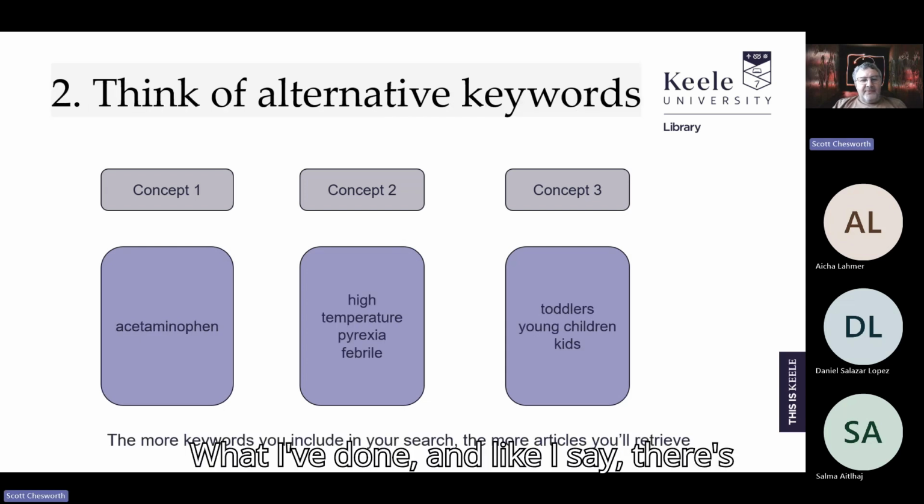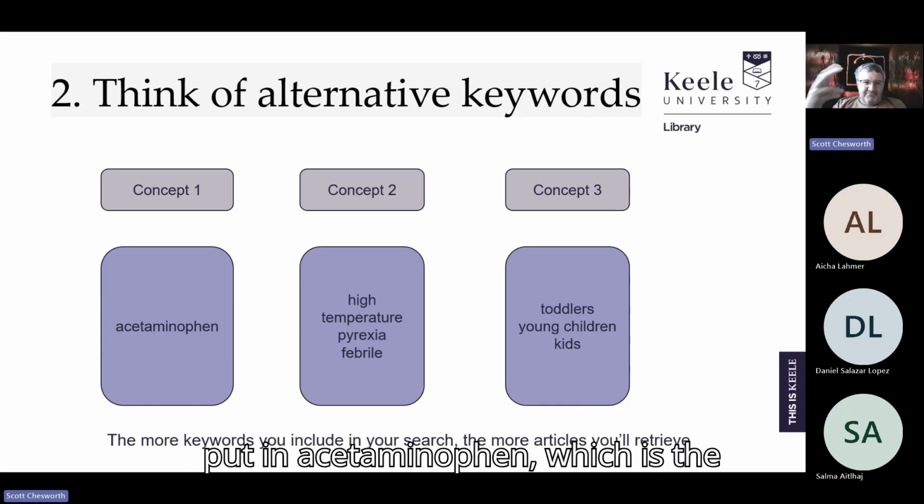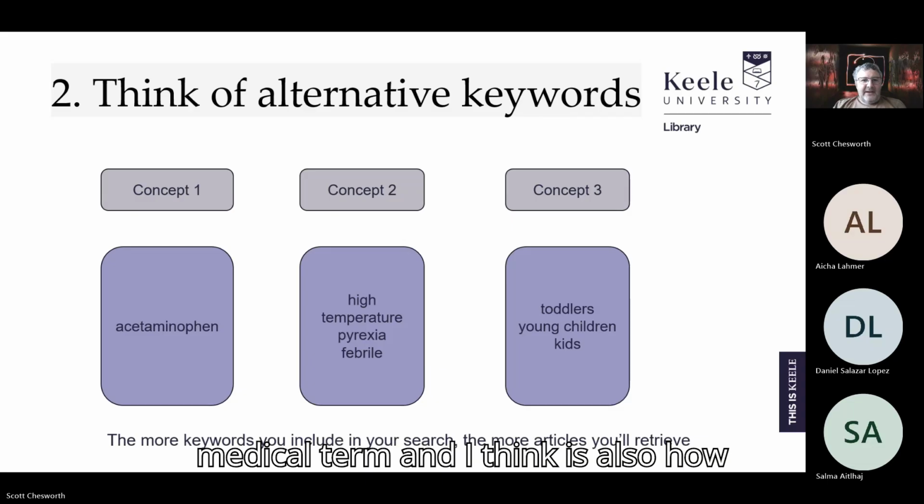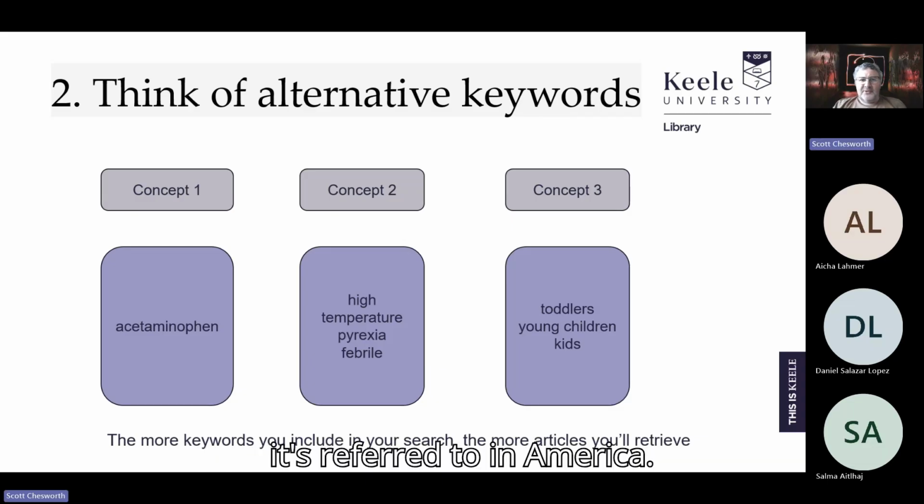What I've done, and like I say, there's no right or wrong answer to this, is I've put in acetaminophen, which is the medical term, and I think is also how it's referred to in America. High temperature, pyrexia, febrile, so medical terms. Toddlers, young children, kids. But again, no right or wrong answers.